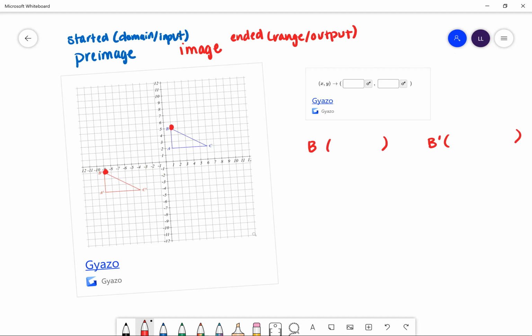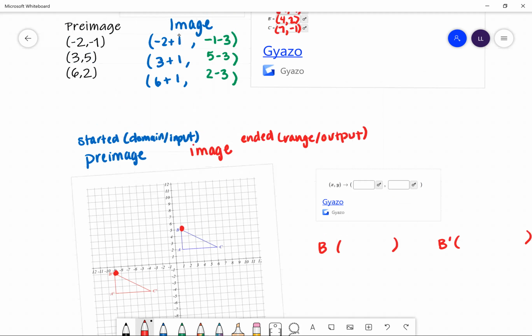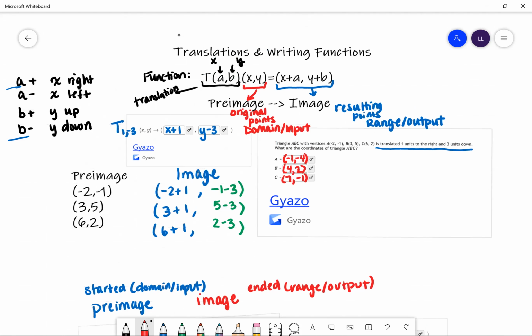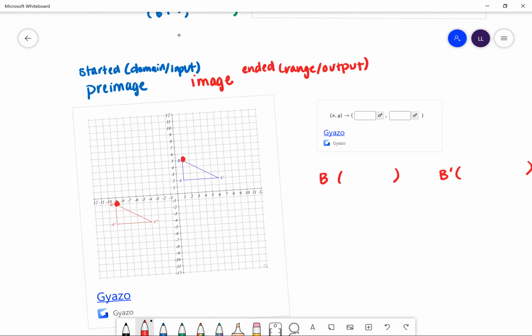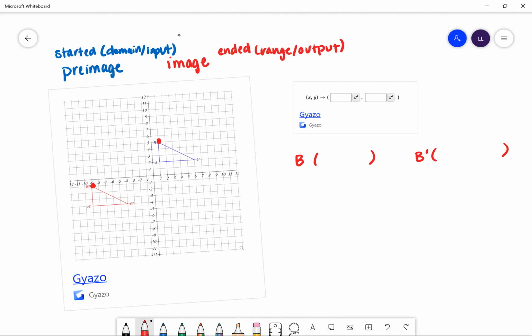If you remember up here, we talked about left being negative, and down is also going to be negative. So we have two negative movements. Let's get started with writing our function rule. We know that both the numbers are going to be negative. We just have to figure out what those numbers are.